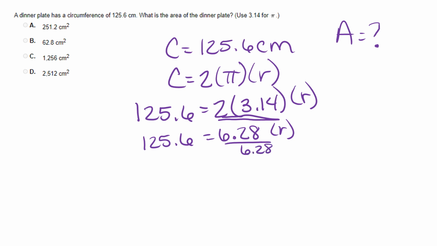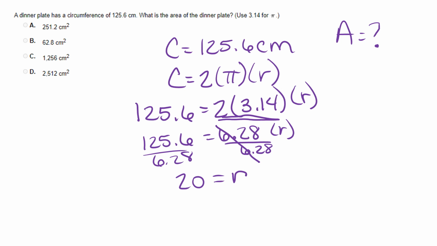On the right side, I've got the same thing on top as I do on bottom. That will divide out and leave us with 1 and just leave r. And then on the left side, we've got 125.6 divided by 6.28, and that gives me 20. Okay, are we done? No, we still have to find the area.